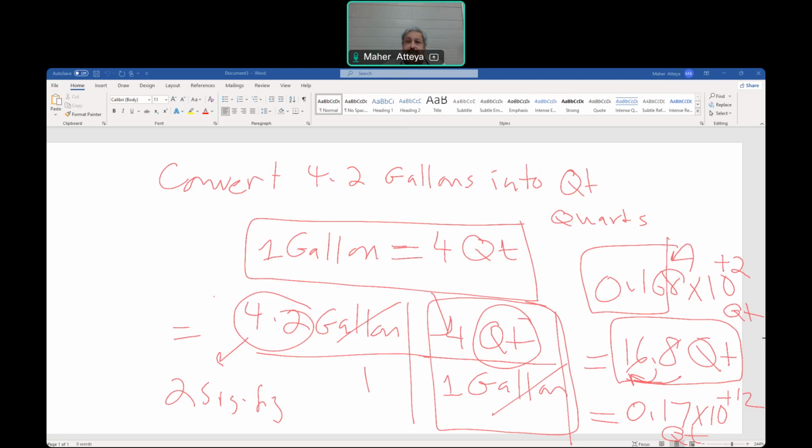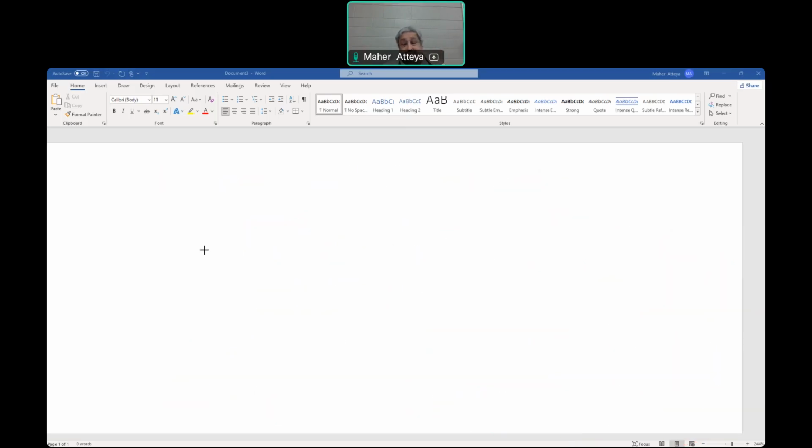So that's 2 examples of English to English. Now let's do another example. We are switching the whole thing, and we'll do metric to English and English to metric conversions. Now, this one again needs a conversion factor.